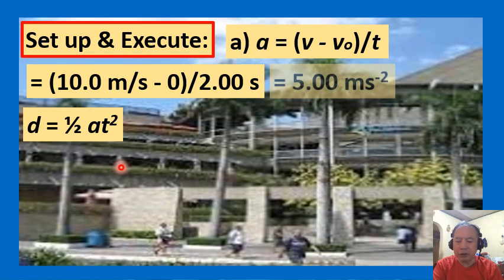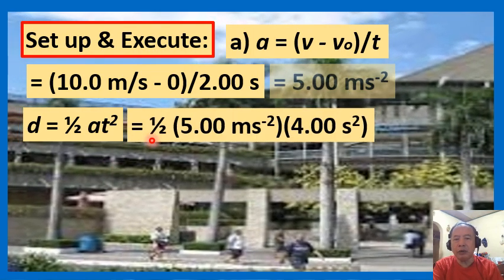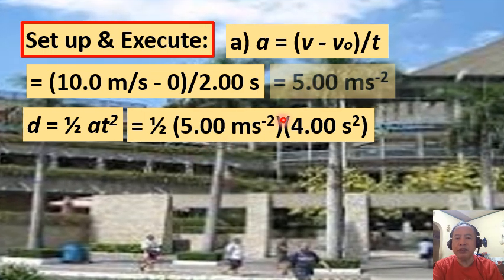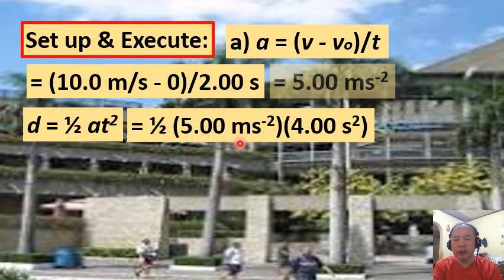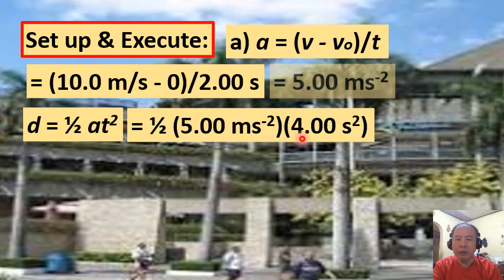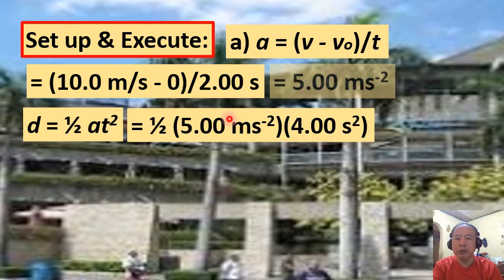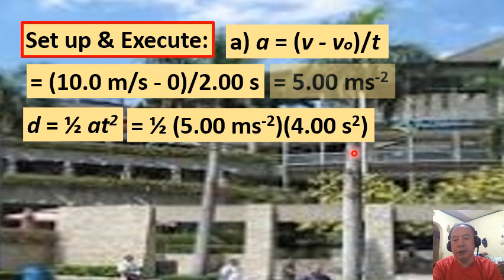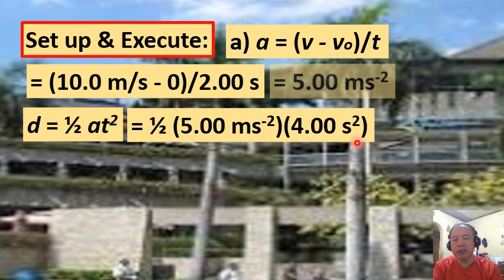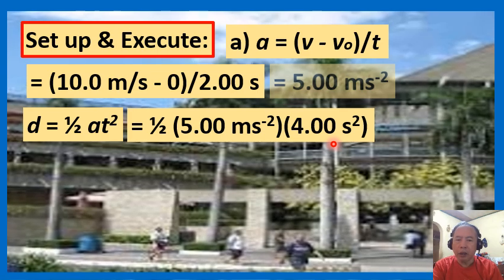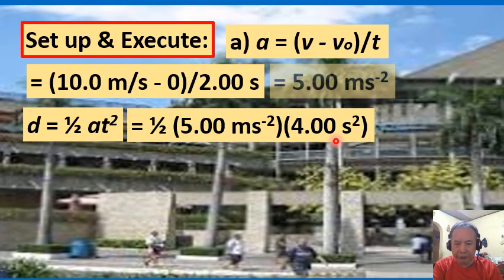Substituting the given quantities, we get the distance d equals one half times the computed acceleration, 5.00 meters per second squared, multiplied by the square of the time elapsed, which is 2.00 seconds, the square of which equals 4.00 seconds squared.